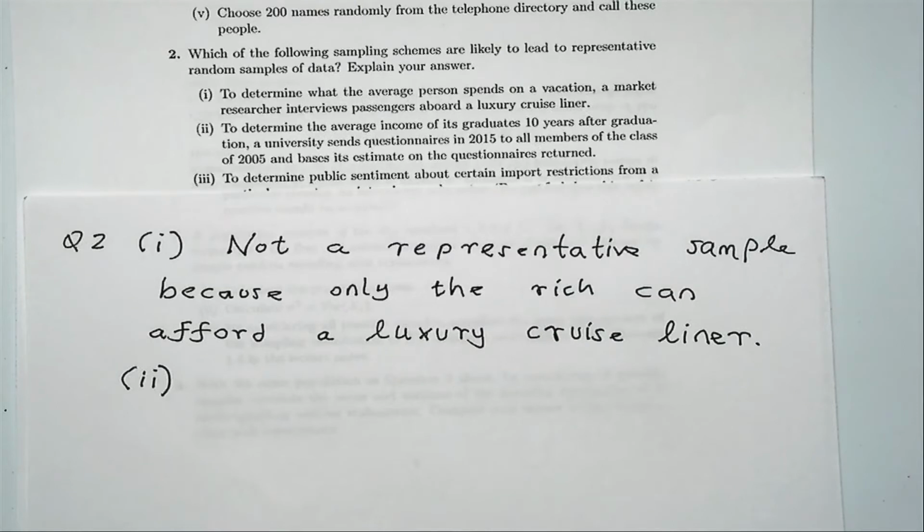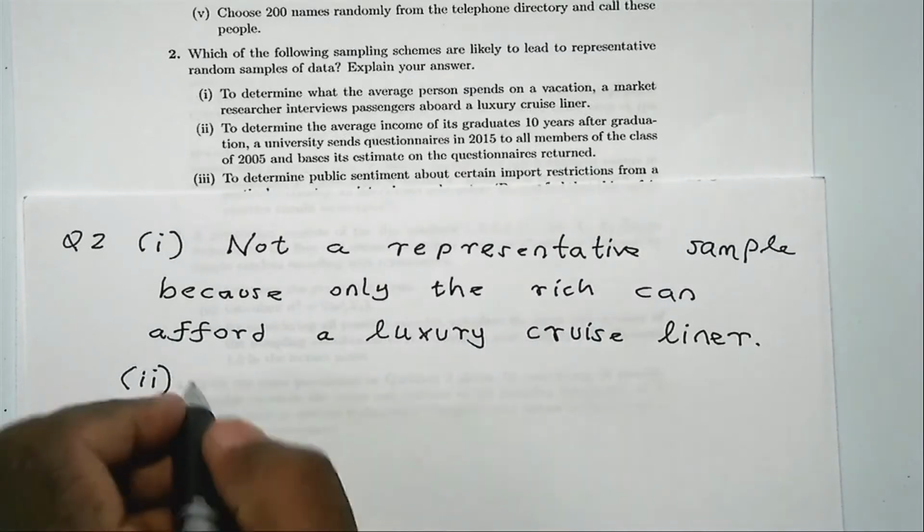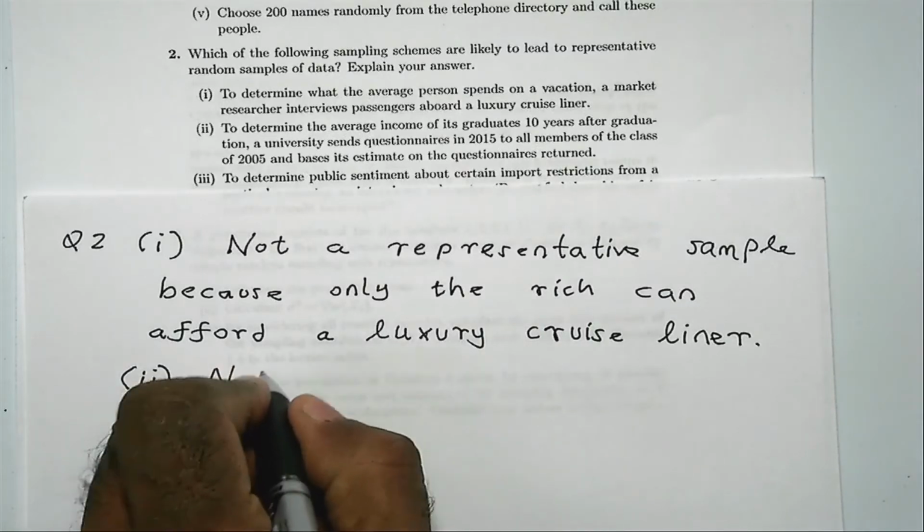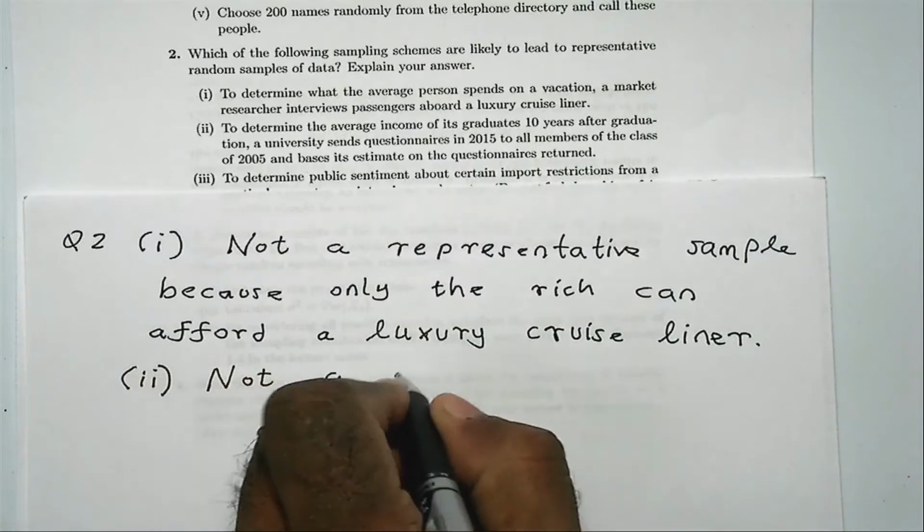For example, if somebody is earning over 100,000, they may be reluctant to record that because other people may find out he's earning so much. So people are not likely to record their true salaries, and it's again not representative.